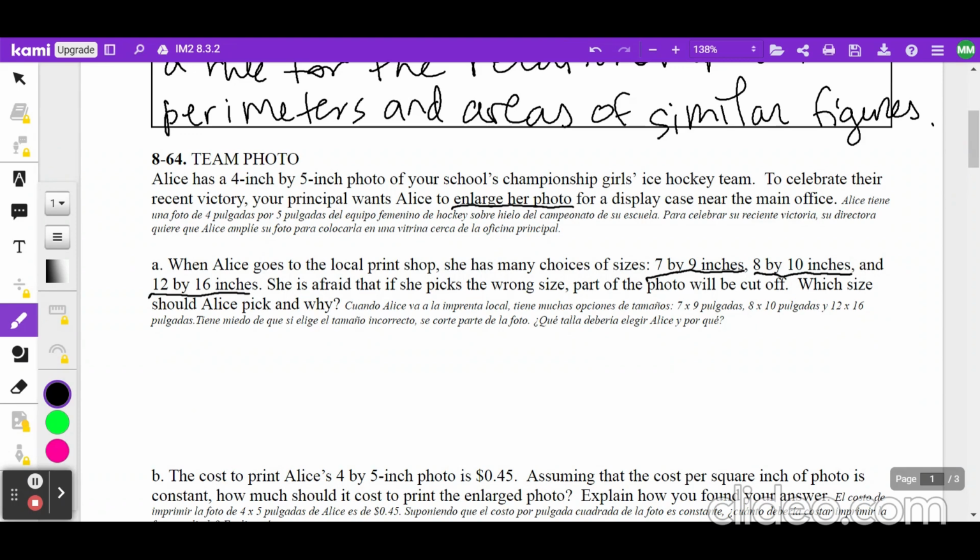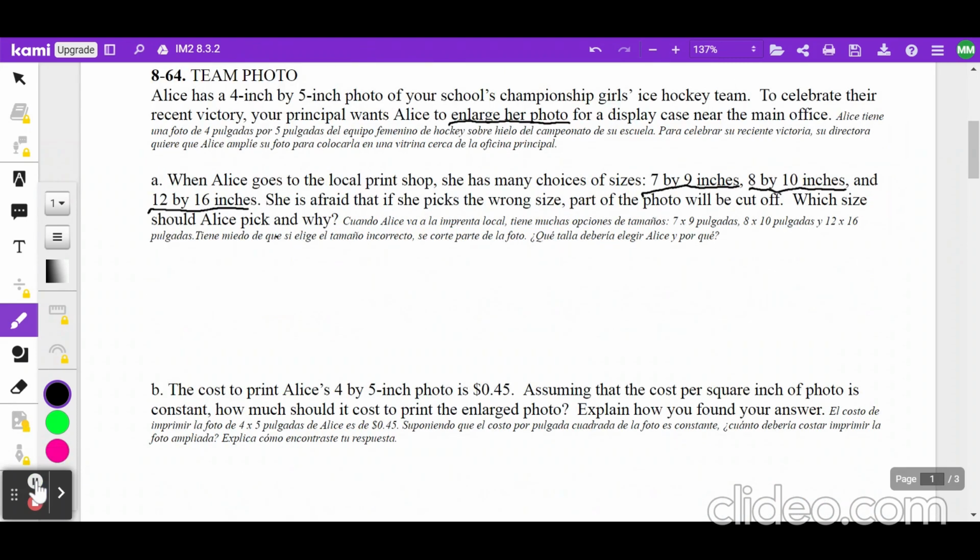Well, let's think. So, we've got this 4 by 5-inch photo. Let me just draw it. This is 4 inches and this is 5. And it's a picture of a bunch of people on a team.